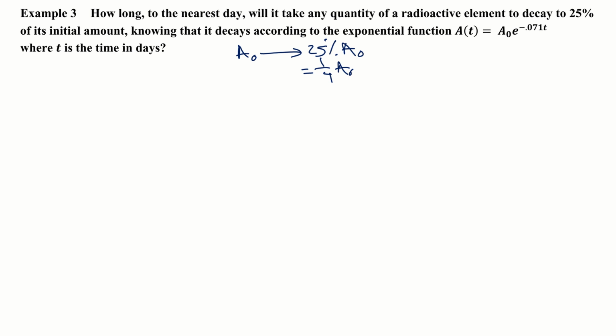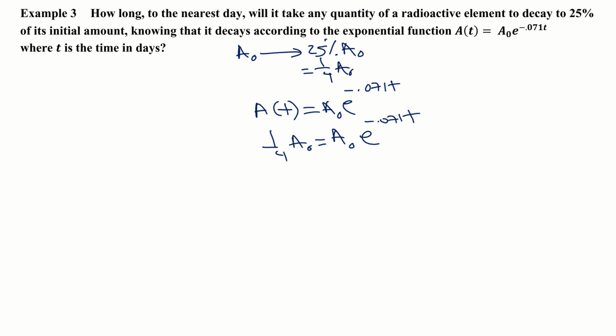So we start with our initial equation, in this case the decay equation. So we get A of t equals A0 e to the negative 0.071 t, and we want the future value to be 1/4 the present one, right? So 1/4 A0 equals A0 e to the negative 0.071 t.